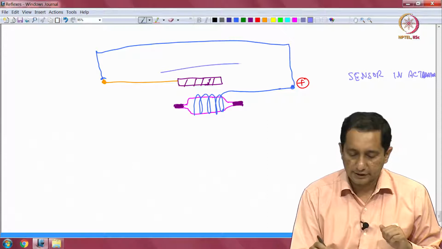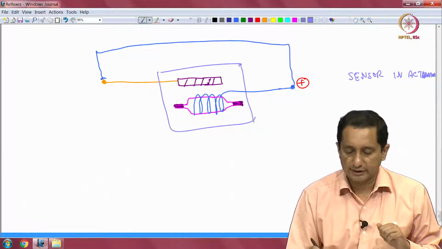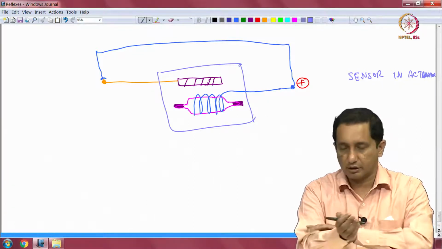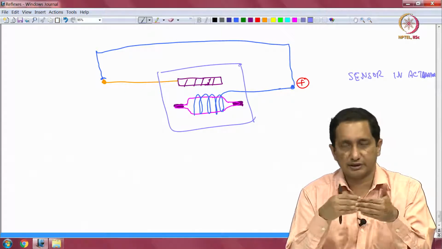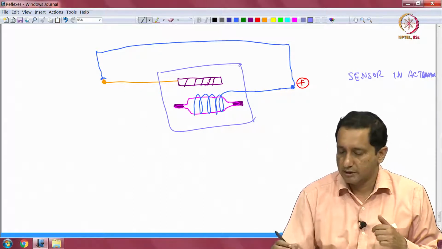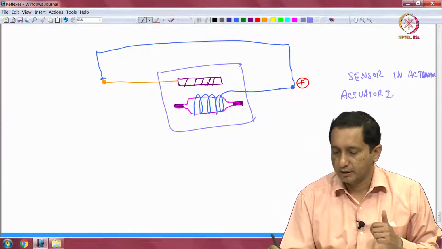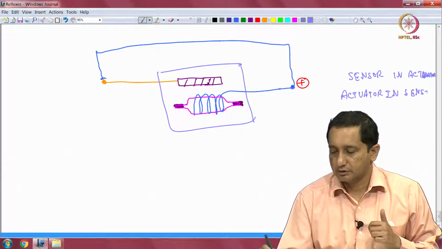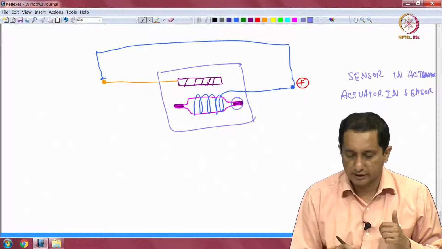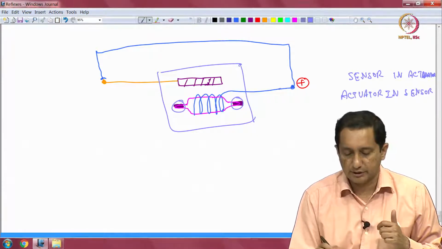So, sensor in actuator is this complex. This entire thing is in the muscle. Please remember that all these muscles do have this thing. So, sensor in the actuator and actuator in sensor. So, this is the actuator and that is present within this sensor complex.